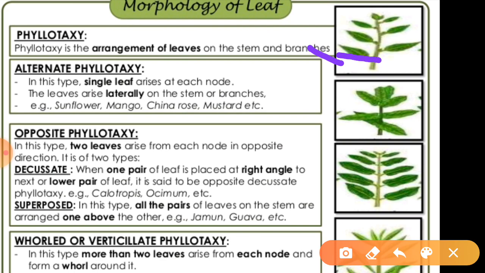One leaf from the right side, another from the left, then right, then left, then right, then left, like this. Such an arrangement of leaves is known as alternate.